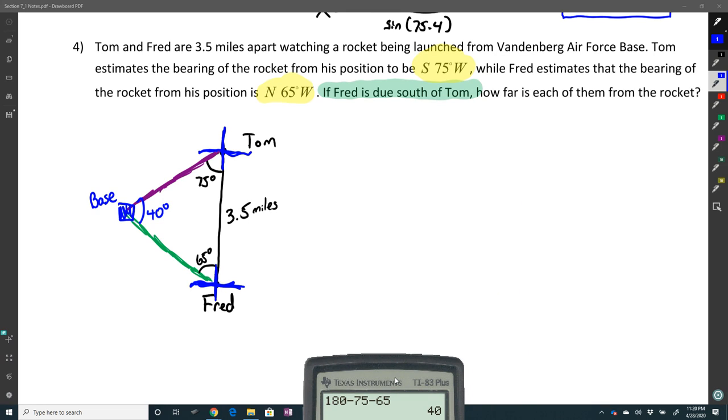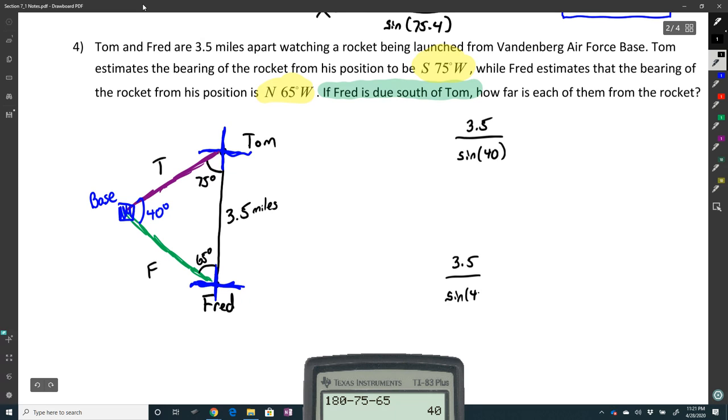Okay, so we know that's 40 degrees, and they want us to figure out how far away each is. I'm going to label this side as T, and this side as F. They want to find the distance of these two sides. Because I know an angle and its opposite side, I can easily figure that out. I'm looking for a side again, so I'm going to put the side on top. 3.5, its opposite angle is 40, so I have 3.5 over sine of 40.